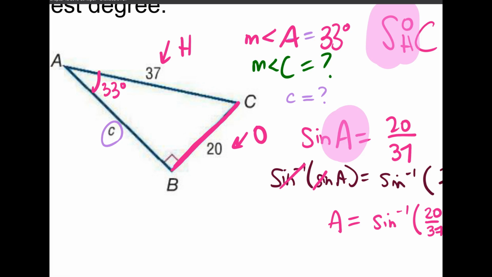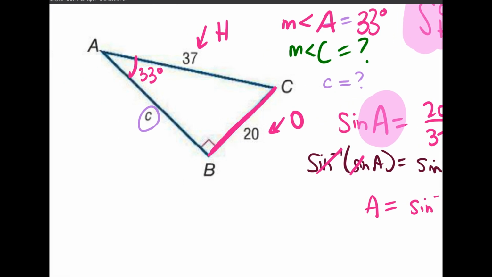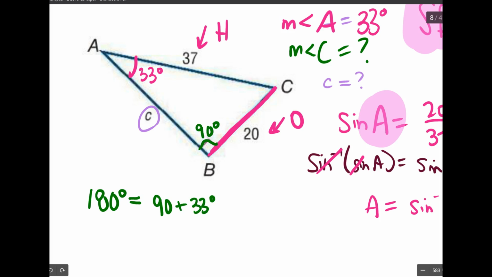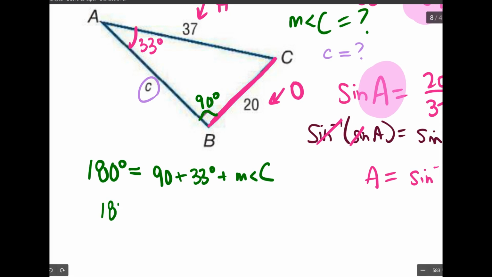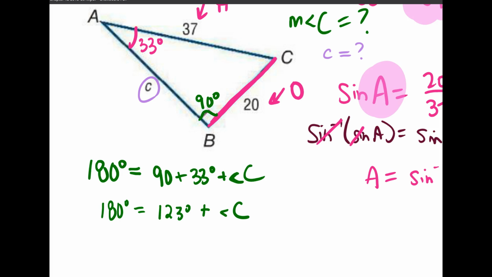Yeah, I could do cosine, or all three angles in a triangle add up to 180 degrees. So 180 degrees is going to equal 90, because this is a 90-degree angle, plus 33 degrees, plus angle C. So 180 degrees is equal to 123 degrees plus angle C. Subtract 123 from both sides.